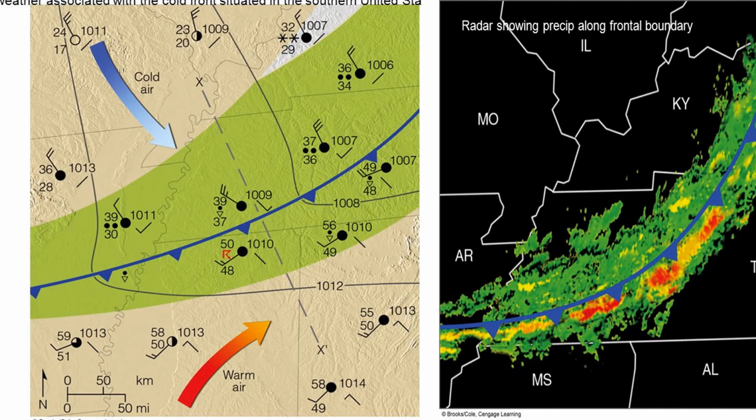If you look, you can notice that each of the isobars bends as it crosses the front, forming an elongated area of low pressure, and we call it a trough, which accounts for the wind shift, because surface wind normally blows across the isobars towards lower pressure.